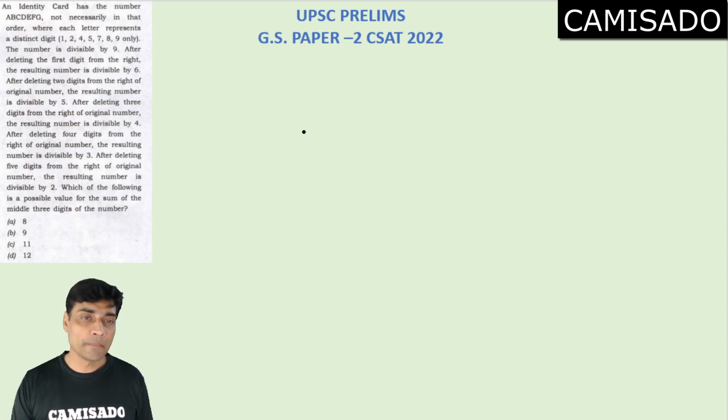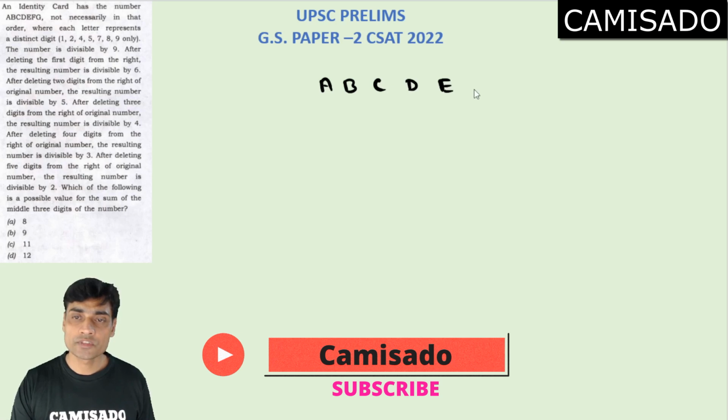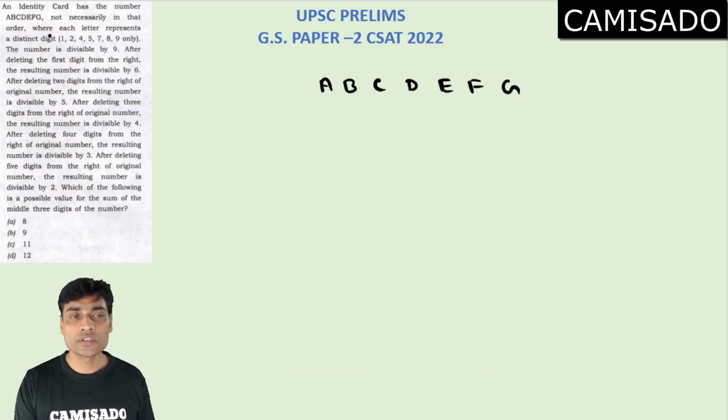The given condition is: an identity card has the number A, B, C, D, E, F, G, not necessarily in that order, where each letter represents a distinct digit. So the digits are also given here. It's 1, 2, 4, 5, 7, 8, 9.